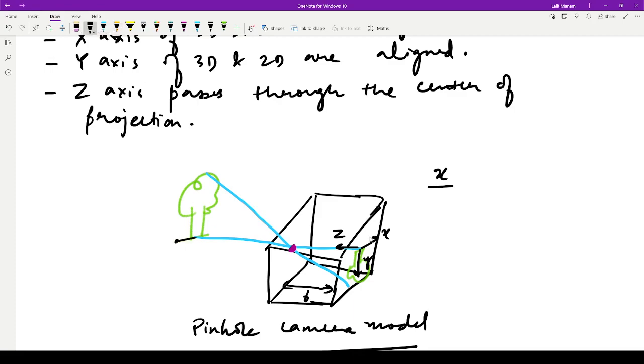This specific point will project here, right? Given that we have a similarity of triangles here, x by f, small f, will give us capital X by capital Z, if this point has x, y, z as coordinates.